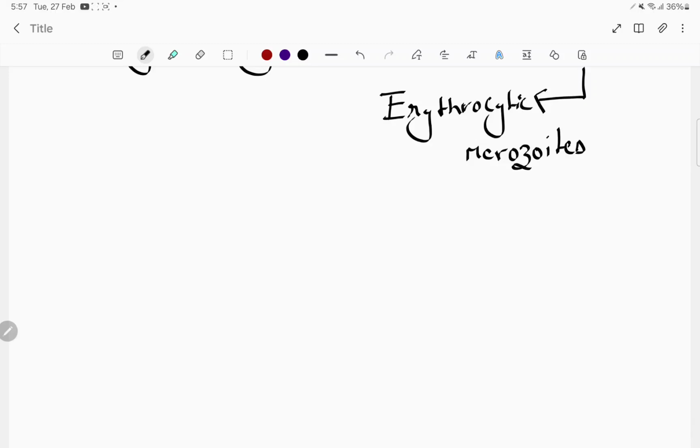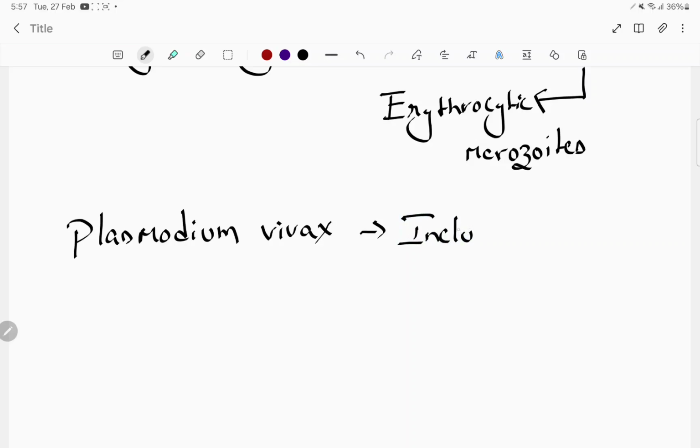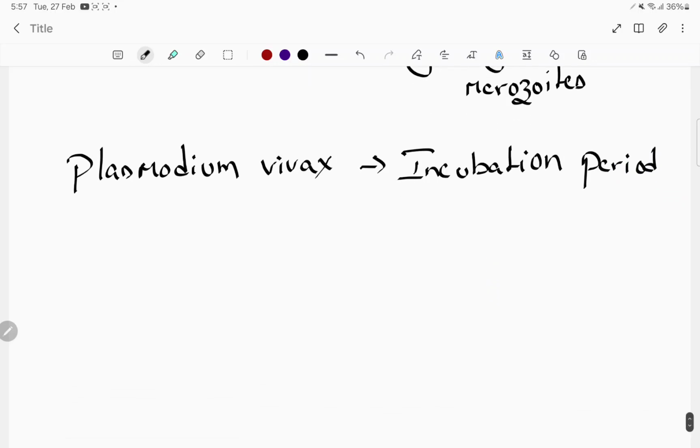So the incubation period of Plasmodium vivax is 10 to 14 days.